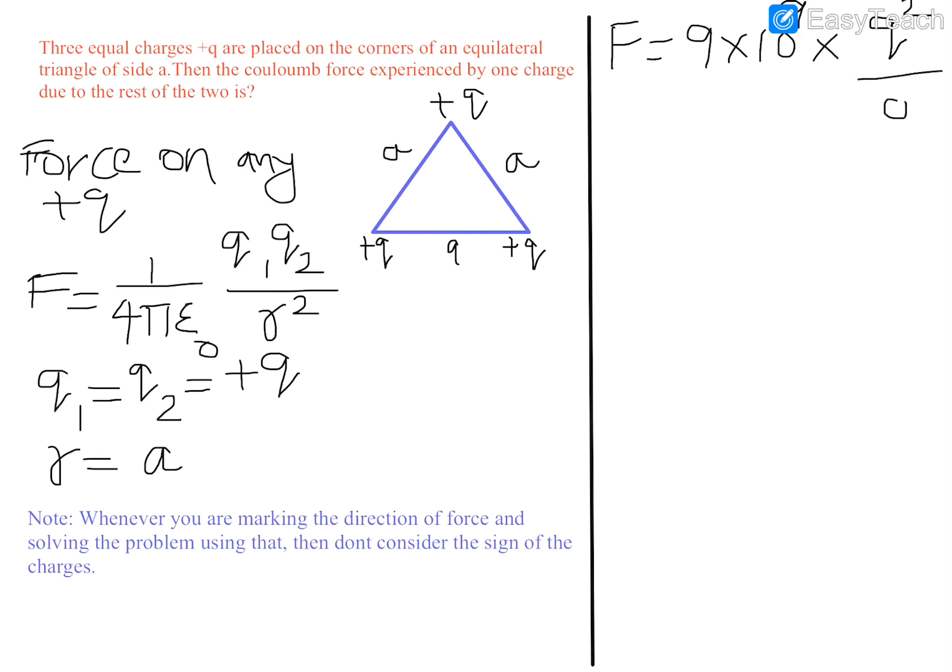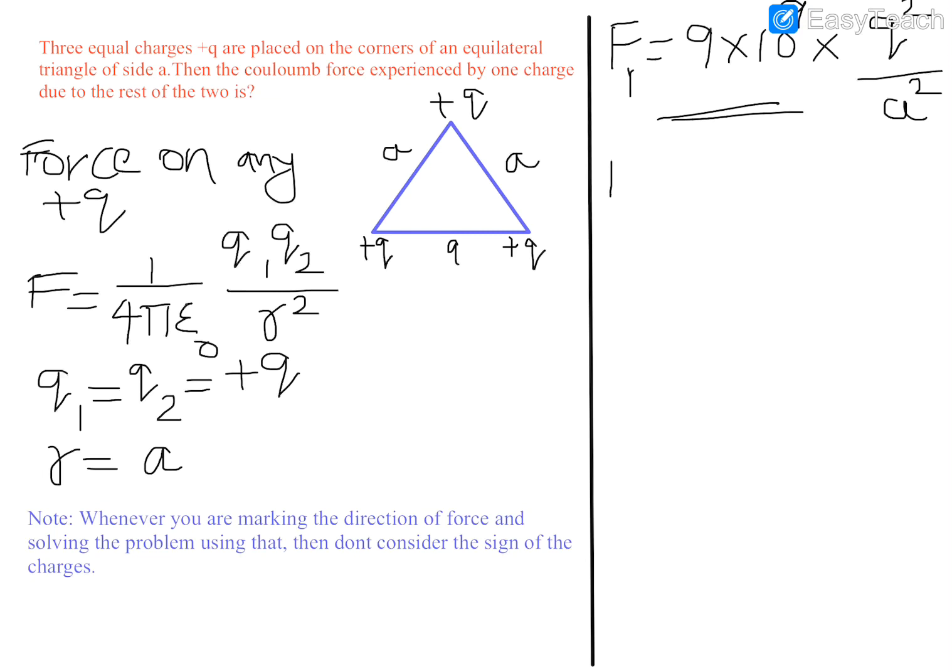R square is a square. This is the force acting on positive q, which is here, due to this positive q, which is at a distance of a. Okay, so this is the first force. So let us denote it as F1.